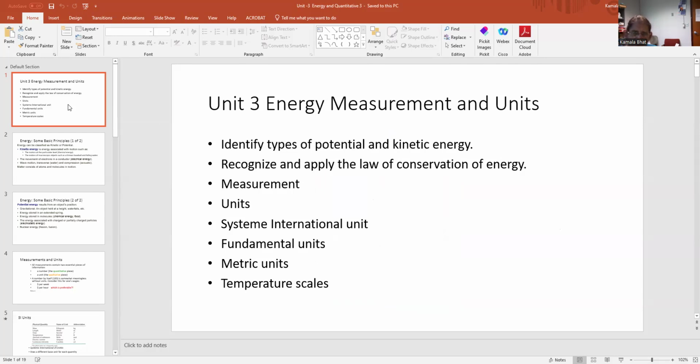The first is the System International unit, fundamental units, metric units, and temperature scale. When we come to the temperature scales, we will end this particular unit, and then students are expected to complete their self-review study so that they can ensure that they have understood the concept.